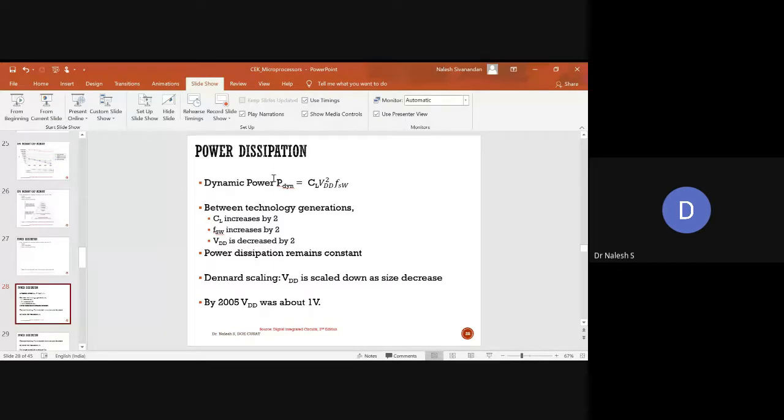Power dissipation can be generally expressed as follows. A transistor acting as a gate, its power depends on the capacitance of the transistor, the power supply voltage, and the frequency of operation.